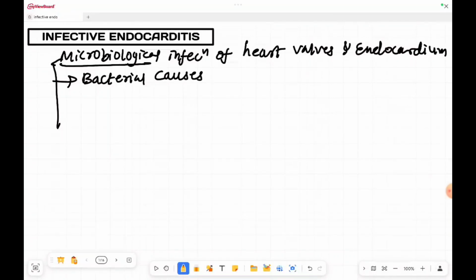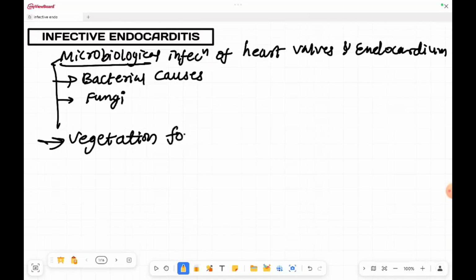The major etiology will be bacteria, and then some fungi will also cause infective endocarditis. There will be vegetation formation around the valves of the heart.